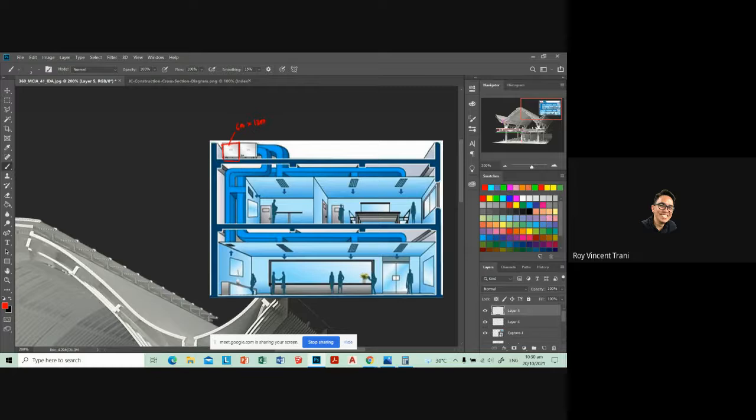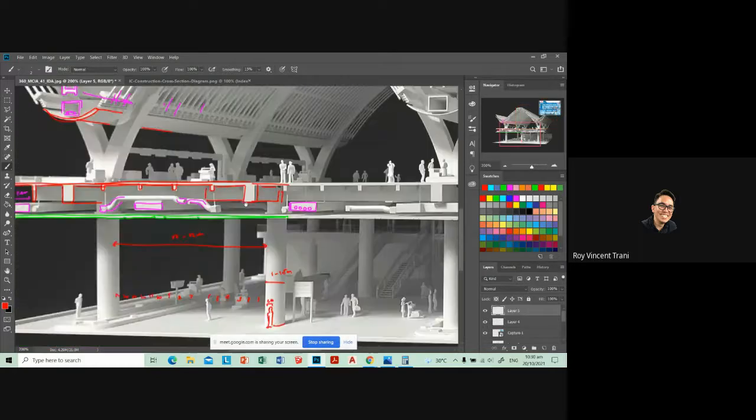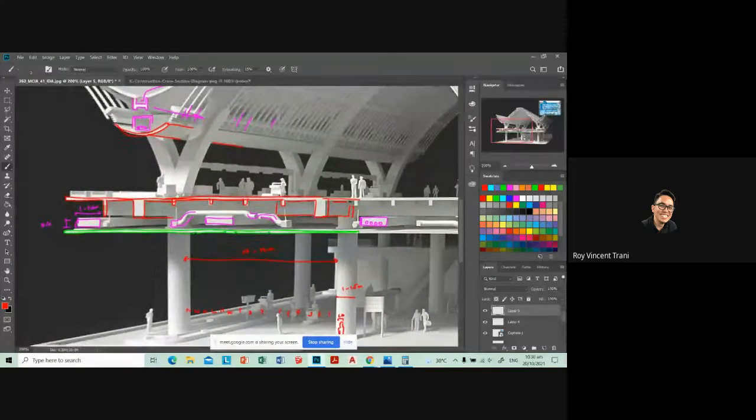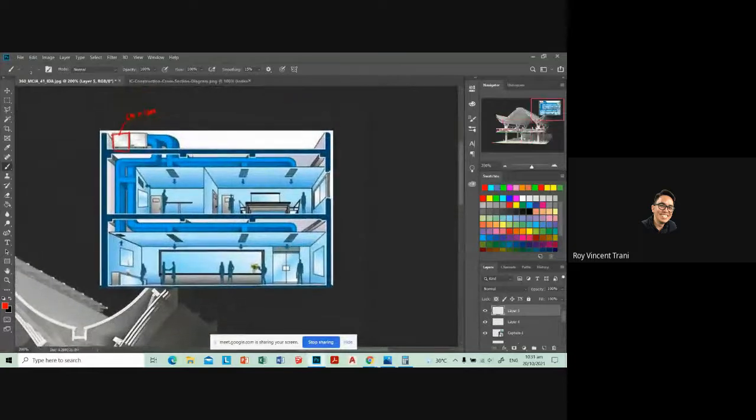And then the ducting, similar to the one over here, about 0.6 by 1,000. If that's the machine, the ducting would be a bit smaller, let's say like 400 by 600. And they would go all over your whole building.